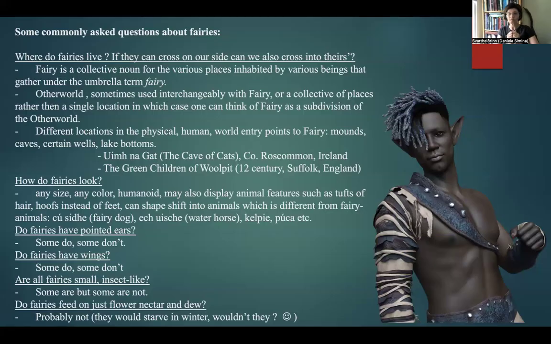You can't just write, hey, put arrows on your painting: this is a fairy, this is a human. So artists tried to create slightly different features to make it clear who's the fairy and who's the human subject in the painting.